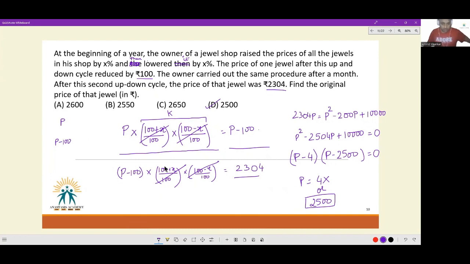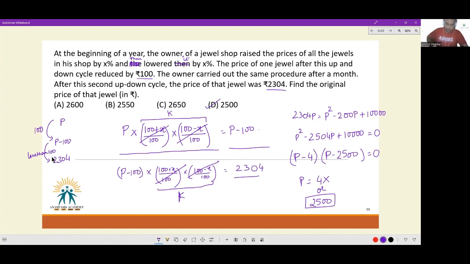And when I multiplied P minus 100 by K again, I got 2304. So let's say the new price here is 2304. The drop here is of 100. Compulsorily, the drop here has to be less than 100.